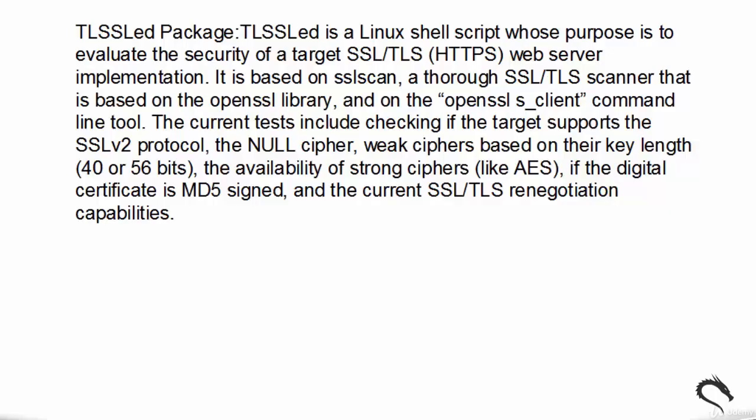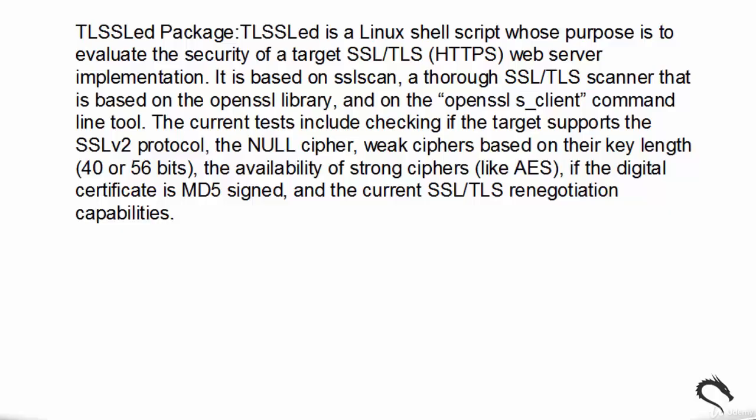TLSSLed is a Linux shell script whose purpose is to evaluate the security of a target SSL or TLS web server implementation. It is based on sslscan, a thorough SSL or TLS scanner based on the OpenSSL library, and on the openssl s_client command line tool.